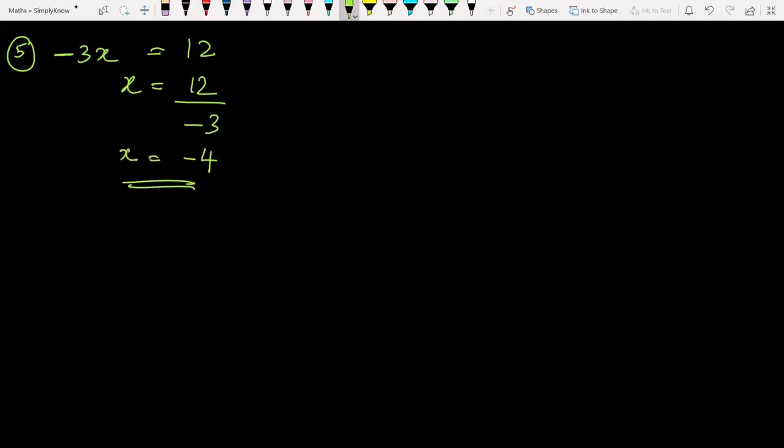When we divide a positive number by a negative number, or when we divide a plus by a minus, our answer is a minus, is a negative answer. So our answer is x equals -4. Okay, the sixth equation is x over -3 equals 12.